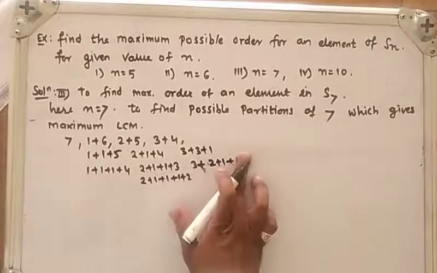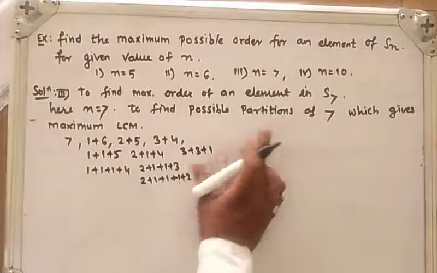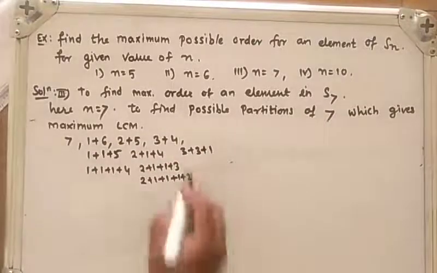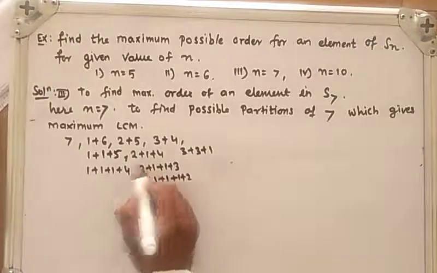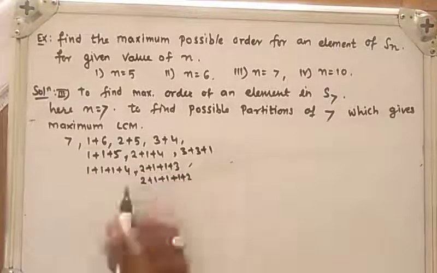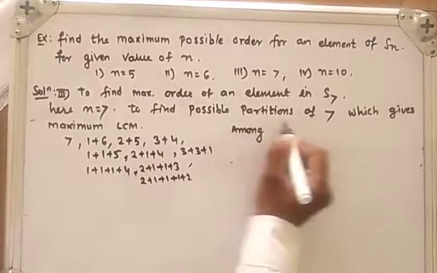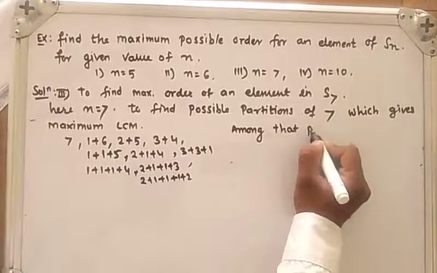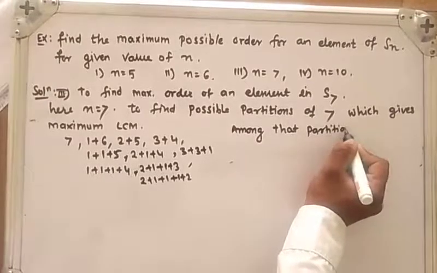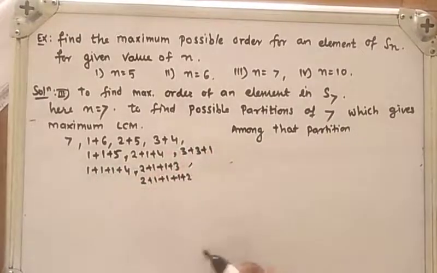So this is repeated, so I will cancel this. So these are all partitions of 7. Among those partitions, which partition gives maximum LCM?